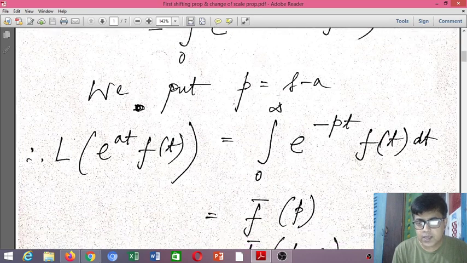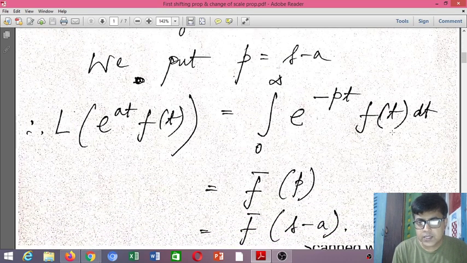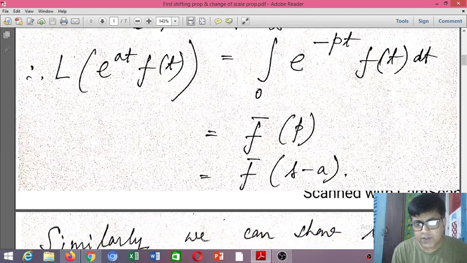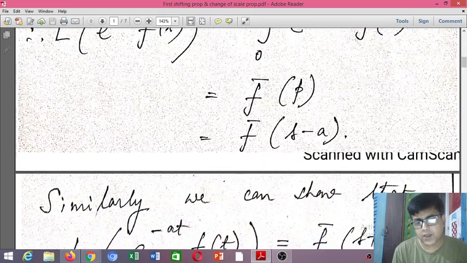If you look at this integral very carefully, it is nothing but F bar(p), because we know integral 0 to infinity e to the power minus st into f(t) dt is F bar(s). In place of s, we have p, so it will be F bar(p), and p was taken to be equal to s minus a. So if we back substitute the value, I am getting F bar(s minus a). That is the proof of this very important theorem of Laplace transform.